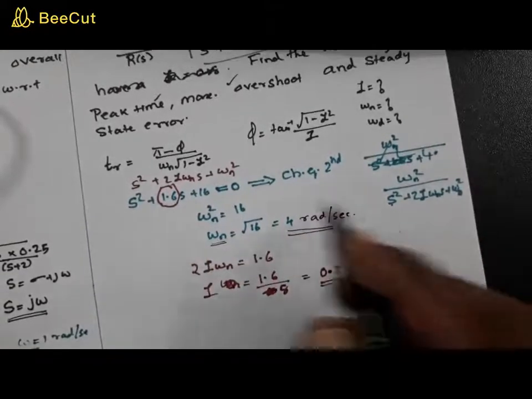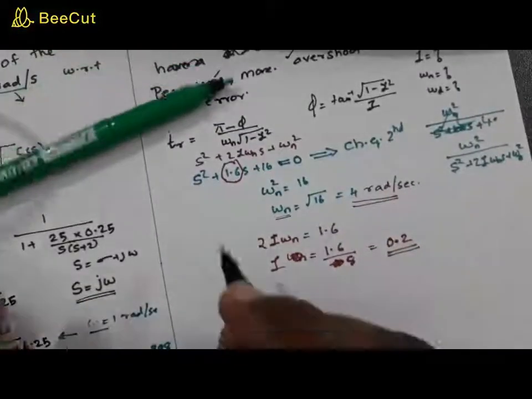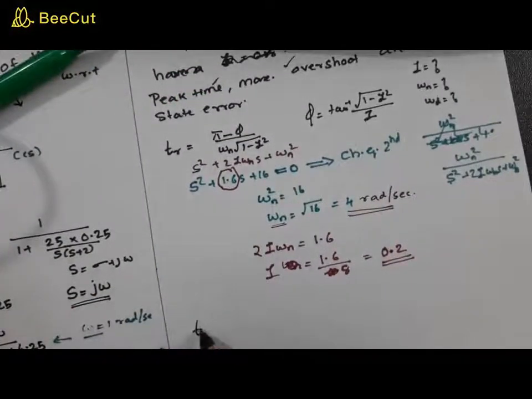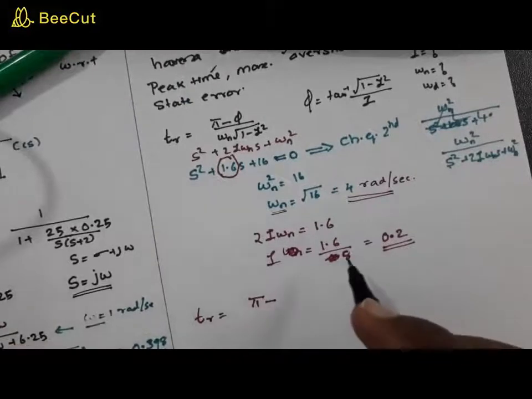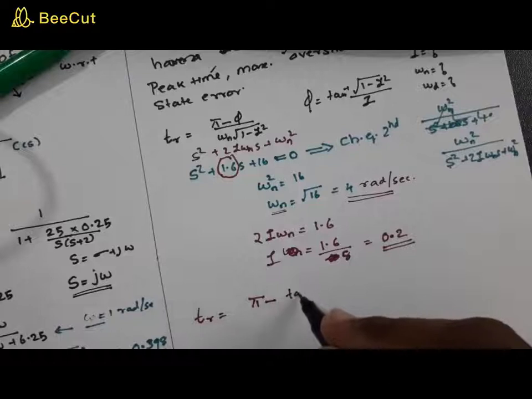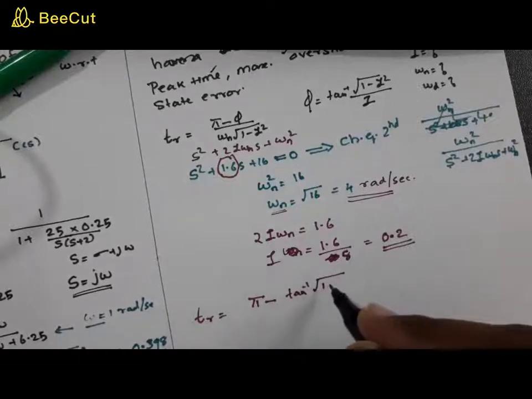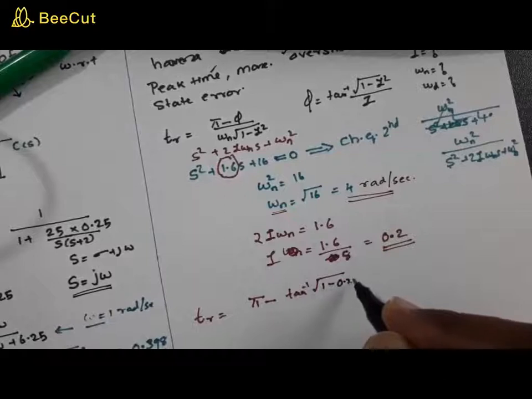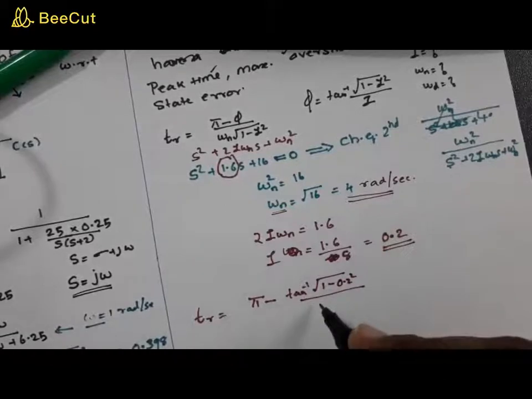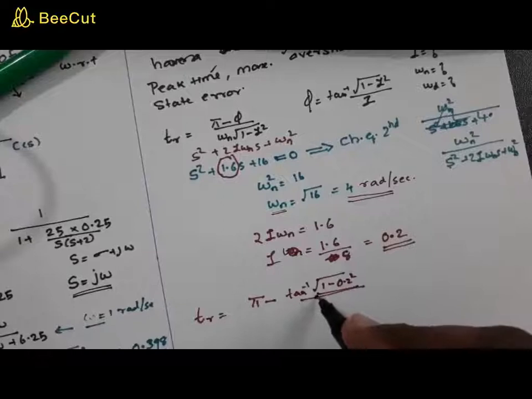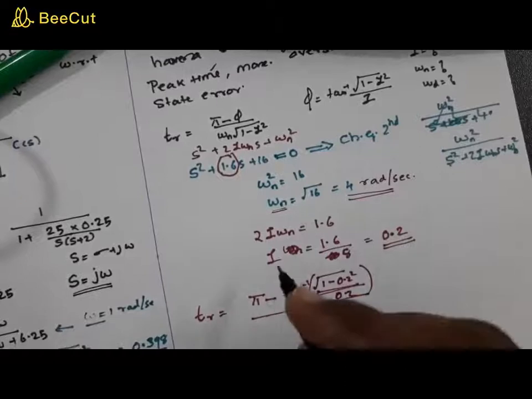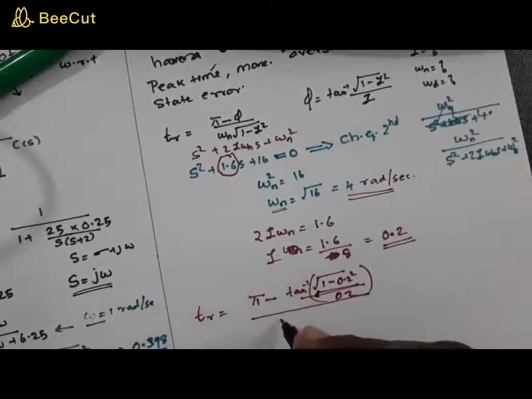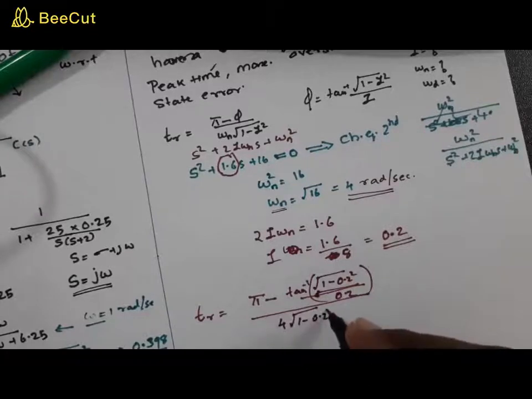Now if this is known, then you can very well find out TR. TR can be simply substituted as TR is equal to pi minus, okay. Now how to find that tan inverse? Tan inverse of root of 1 minus 0.2 square divided by 0.2, the whole divided by omega n, which is 4 into root of 1 minus 0.2 square.